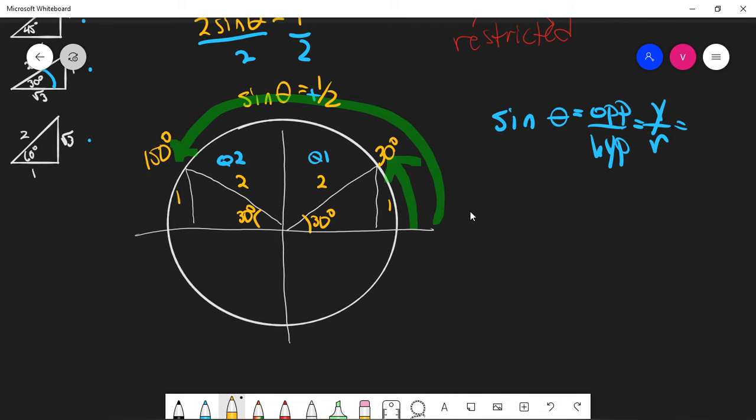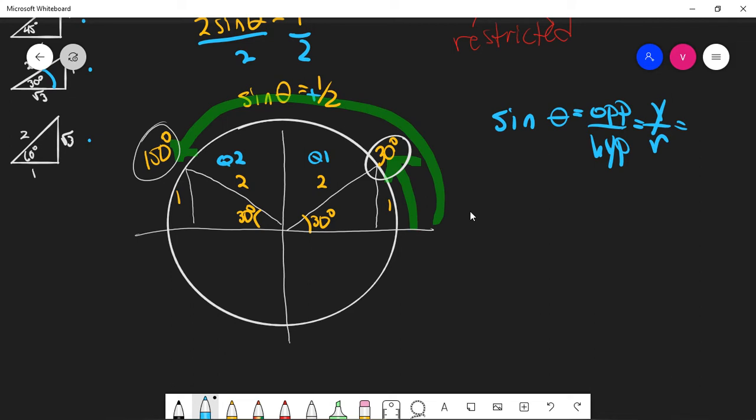If you're looking at just the unit circle going around one time, these are your two answers, 30 degrees and 150 degrees. However, the unit circle is kind of like a radar. It keeps sweeping around and around this unit circle, right?